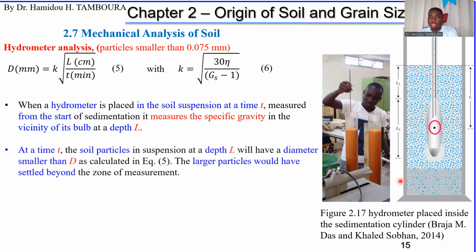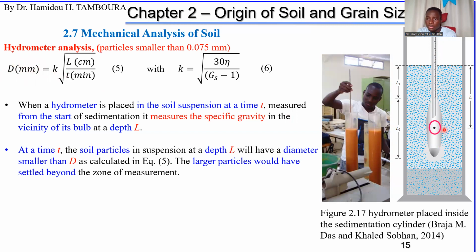So the thing is, if you measure specific gravity here at time t, the soil particles in suspension at this depth, at this level, will have a diameter smaller than the d we calculate here. Why?